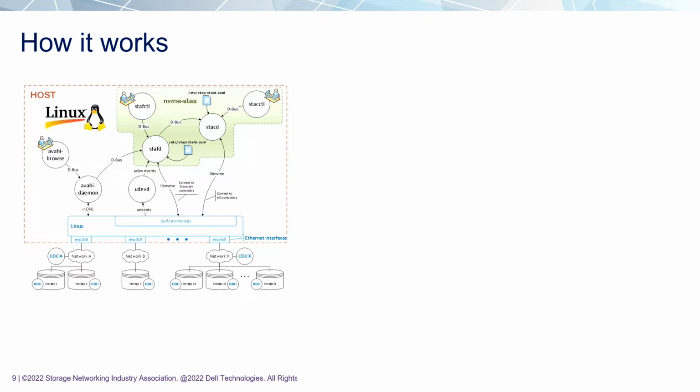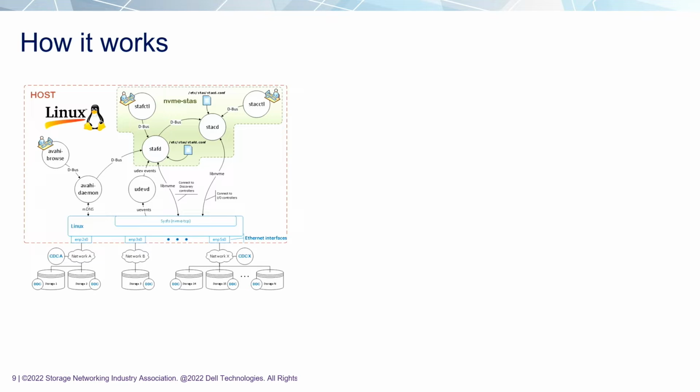This is the diagram that shows how a Linux host implements this functionality. This is what Martin basically did according to one of the fundamental Linux principles, that you have one daemon per each function and you don't mix functions in different daemons or different processes.